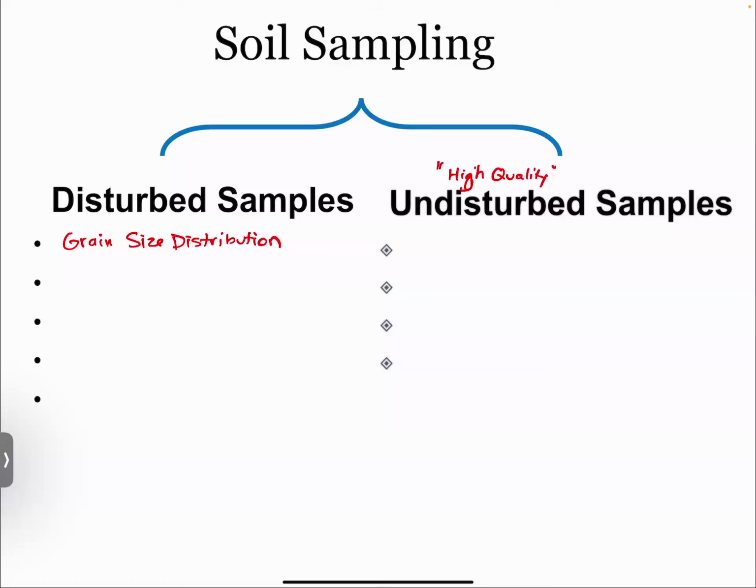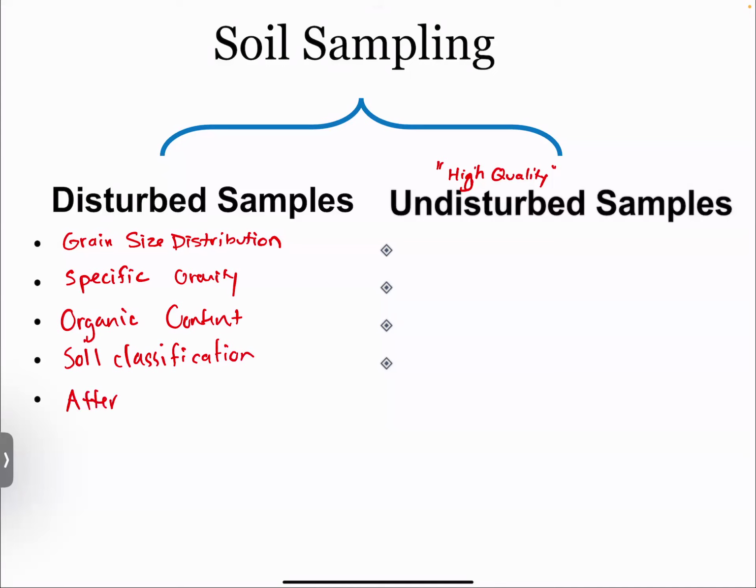A few other things like specific gravity can also be performed on disturbed samples. Organic content. Soil classification. And then even the Atterberg limits, which we're going to be doing next week.